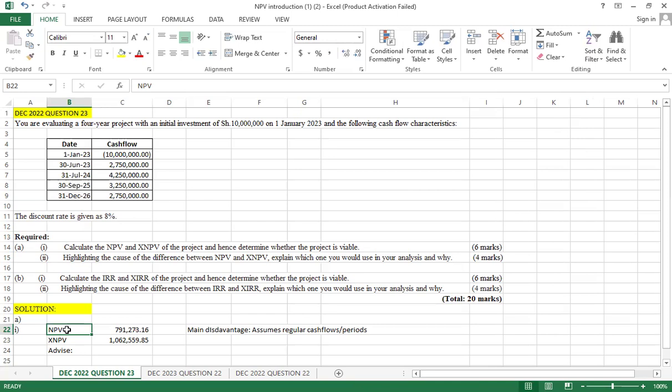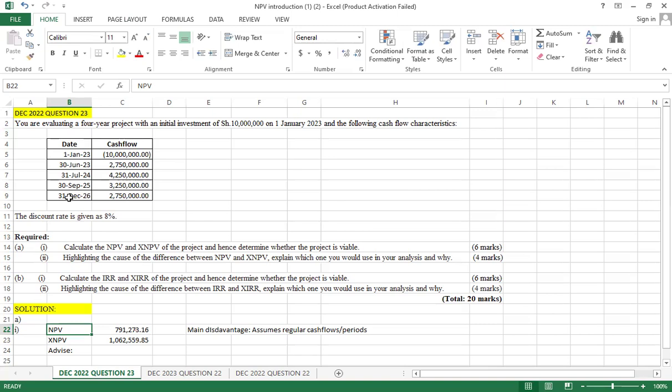Yes, the X version is more of an Excel matter, because manually you can compute it, but it would be very difficult considering the various dates. Even one day makes a difference in these dates.